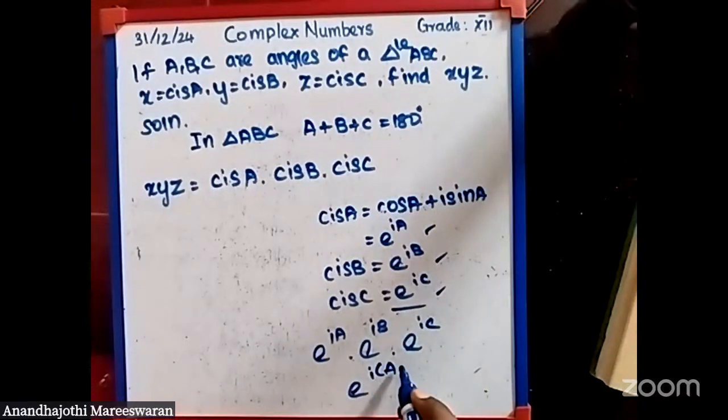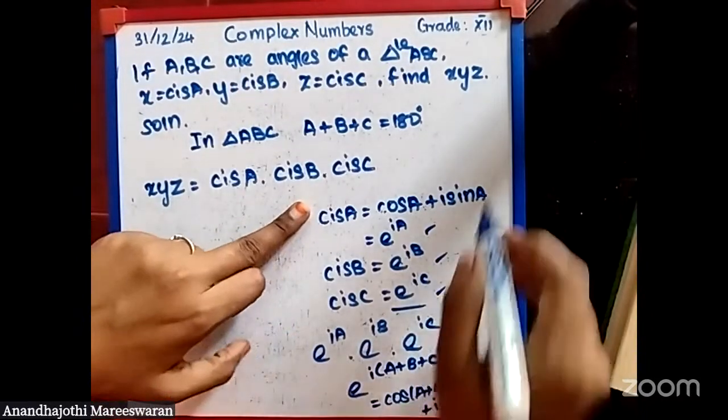So it will be e power i(A plus B plus C). We can rewrite it as cos(A plus B plus C) plus i sin(A plus B plus C). Right?